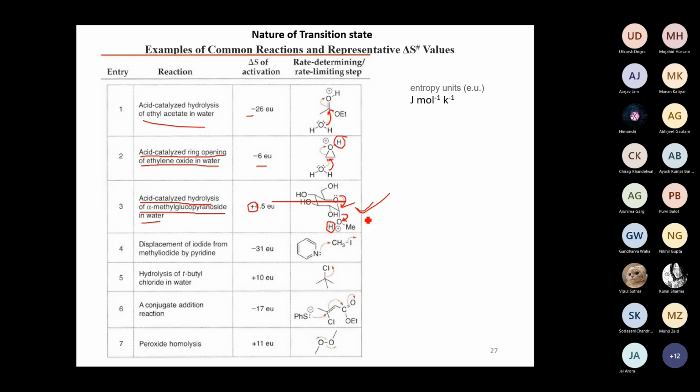So at the end, what is next? You will see this molecule and plus OMe. So here this small bond is being broken in the transition state. So you are increasing the entropy in the transition state. So if it increases, then what will be the del S of activation? It will be positive, right? Is it clear or not? Yes, sir. It's very obvious. I'm telling you very slowly.